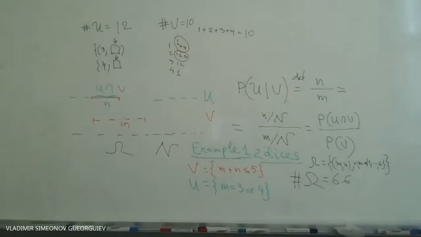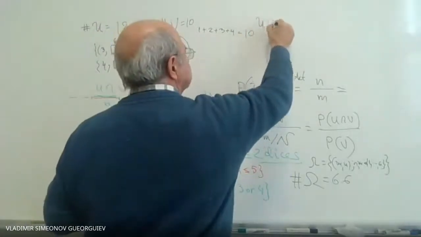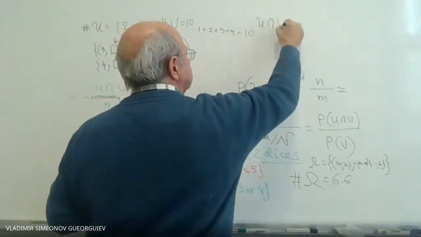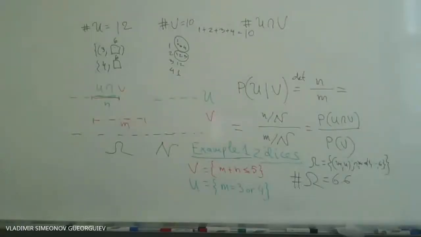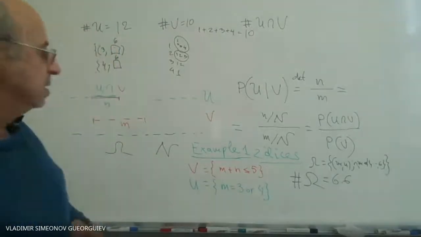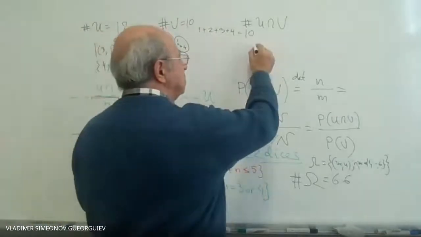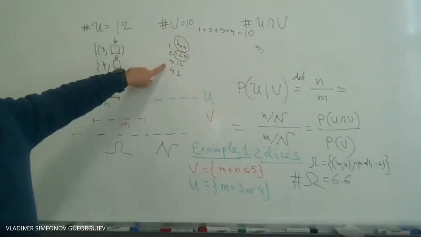Let us compute the intersection now. U intersecting V. How many elements has the intersection of U and V? So what do we need? M is 3 or 4. So if M is 3, what are the possibilities for our n?